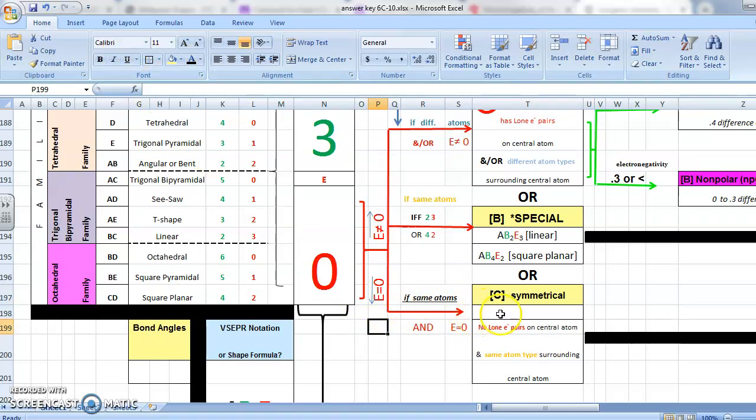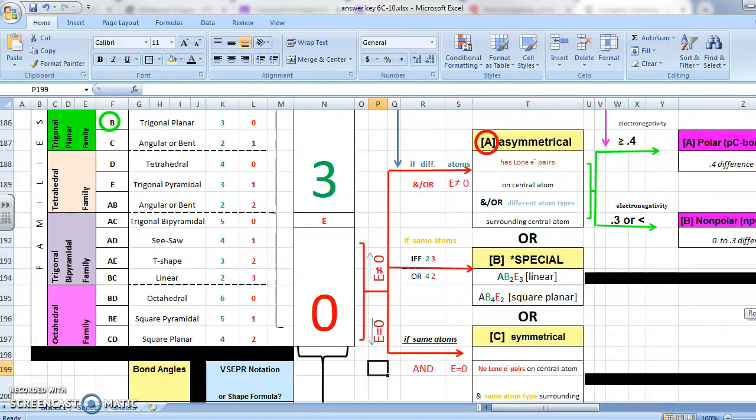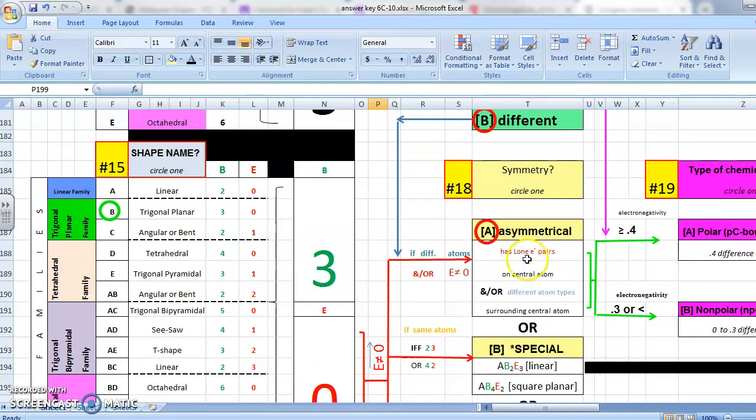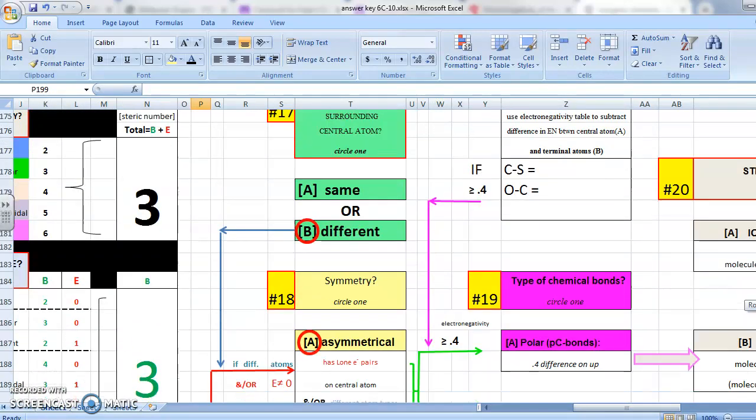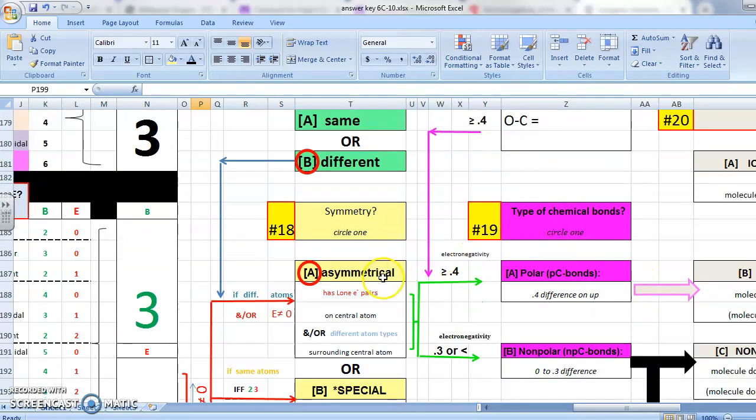They are not the same type of atoms, so it can't be symmetrical. It is asymmetrical. With it being asymmetrical, we now need to continue on and take a look at what kind of bonds there are, because if it's asymmetrical and has polar bonds, it will be a polar molecule. If it's asymmetrical and has nonpolar bonds, it will be a nonpolar molecule.